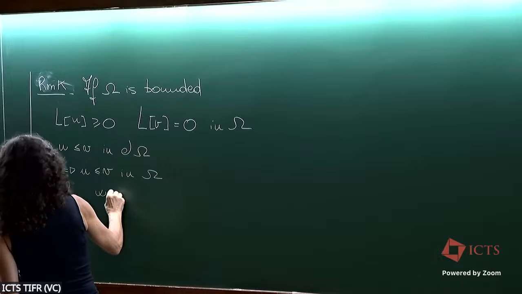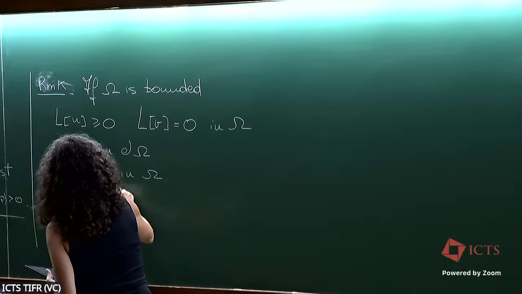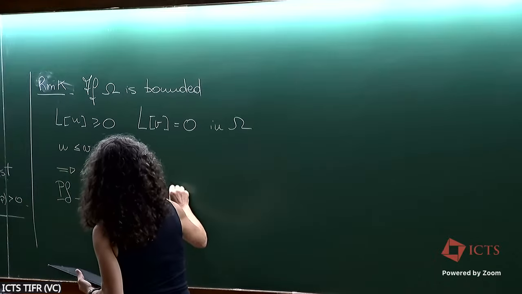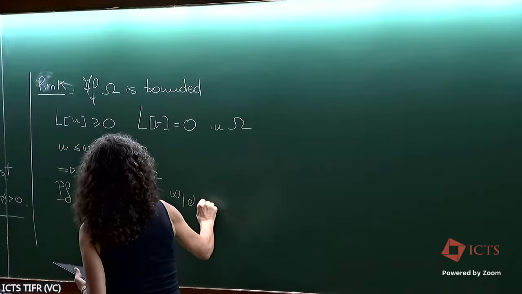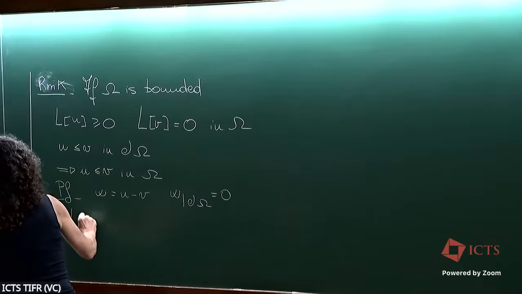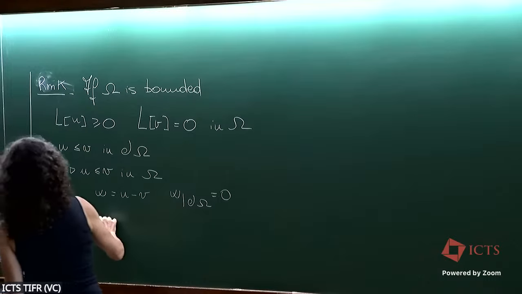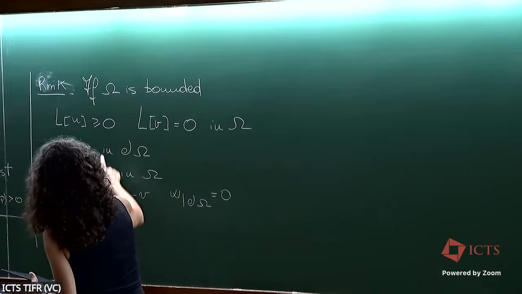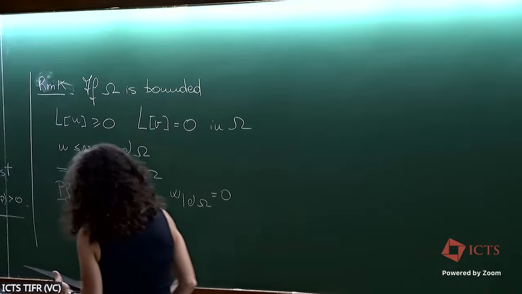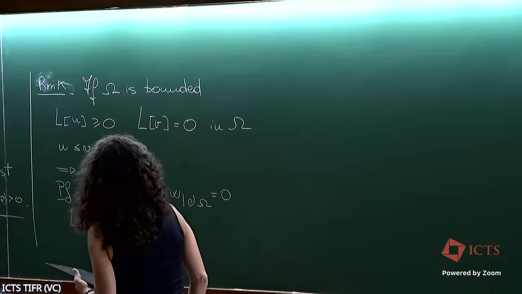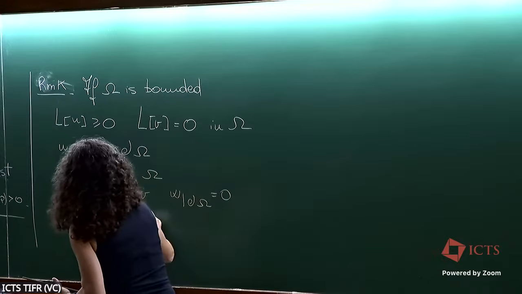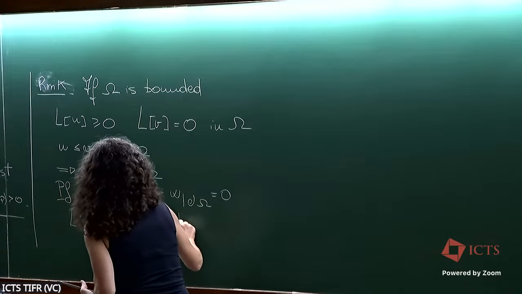You take w equal to u minus v, so that w at the boundary is less or equal than 0. So L of w is equal to L of u minus L of v, so it's larger or equal than 0. So it cannot have an interior maximum.